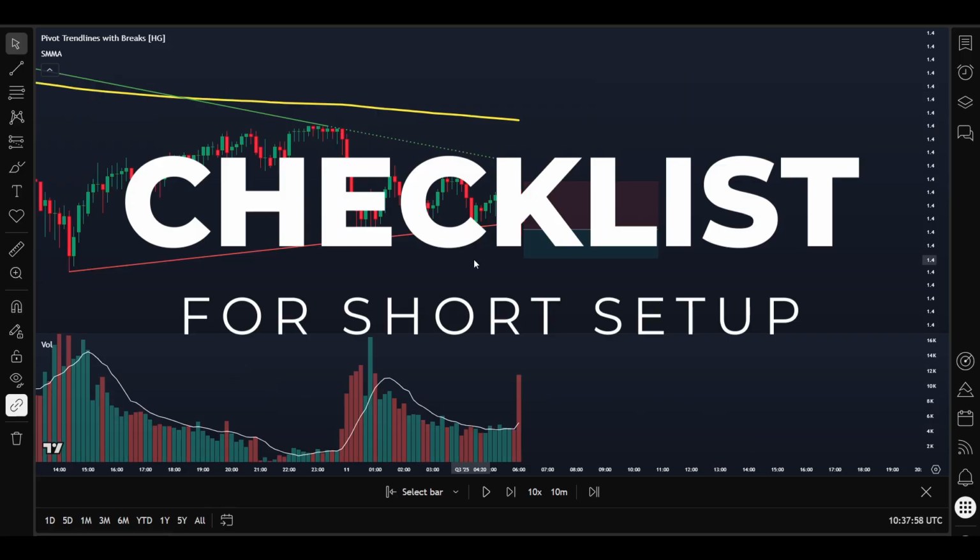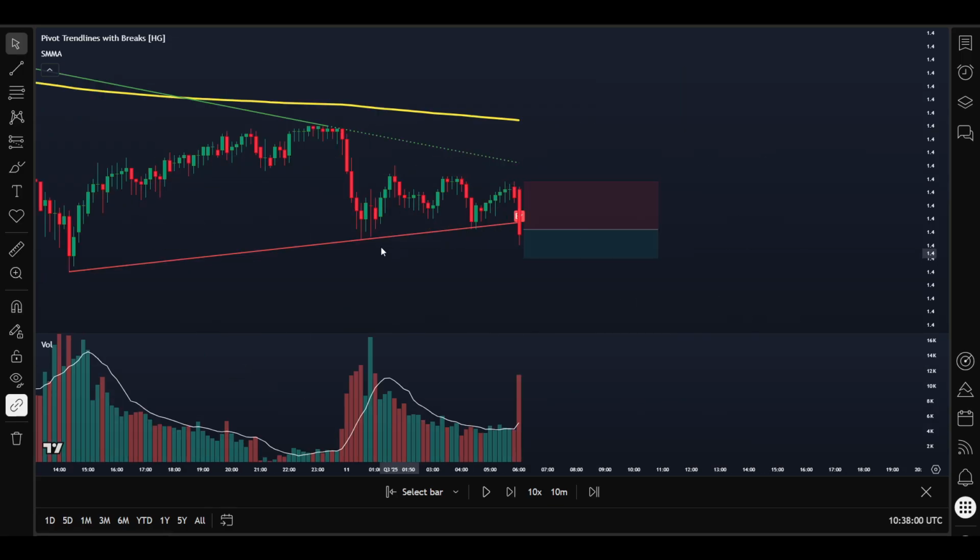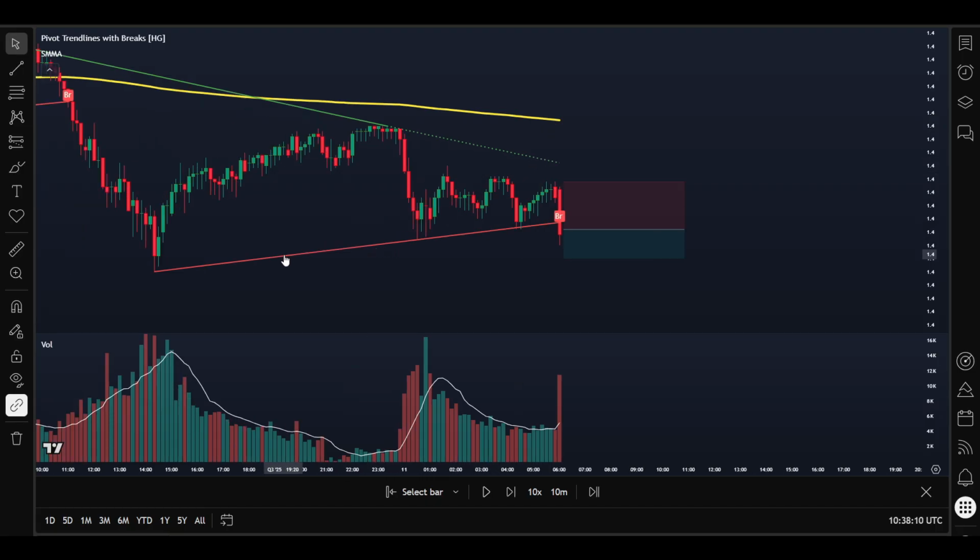Short setup checklist. First, regime. Price is trading below the yellow 200 smoothed MA. Sellers control the bigger picture. Second, structure. A red bullish trend line is active and price breaks and closes below it. The bar is labeled BR.